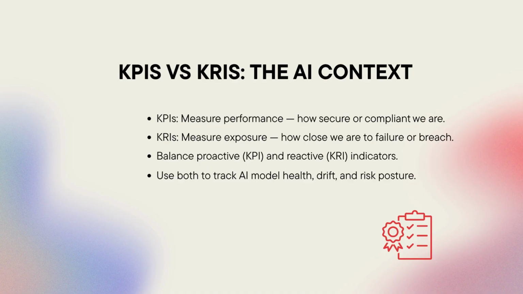And KRIs tell us how close we are to danger: unauthorized access attempts, fairness deviation, or adversarial detections. Together, they create a living view of assurance and exposure. An effective AI security dashboard blends both proactive stability metrics and early warning signals to anticipate incidents before they become crises.